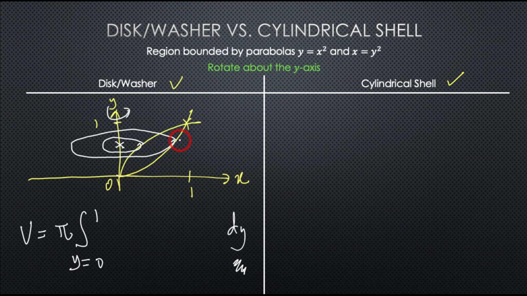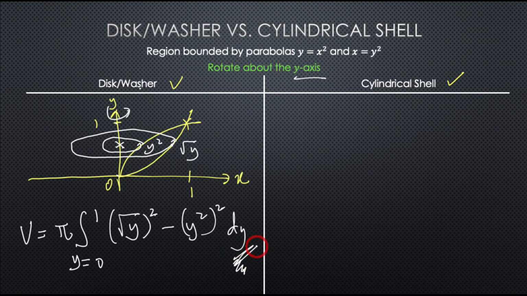Y equal to x square, so x equal to cube root of y. This one, no problem, because you already have it in terms of y, y square. So, large circle minus the small circle. This washer, y-axis, dy.